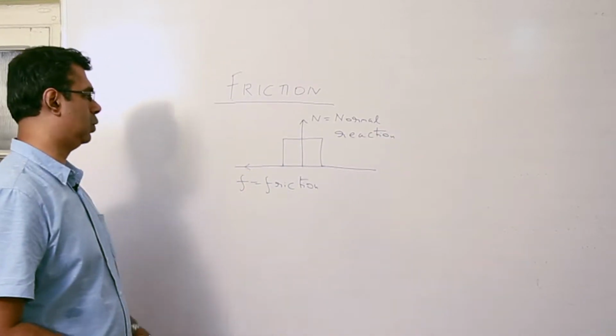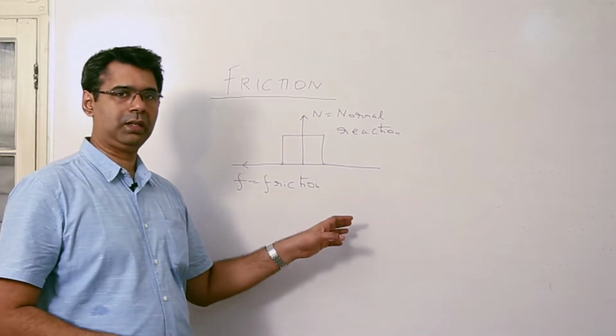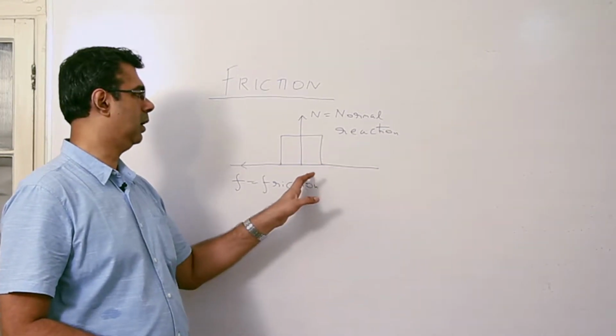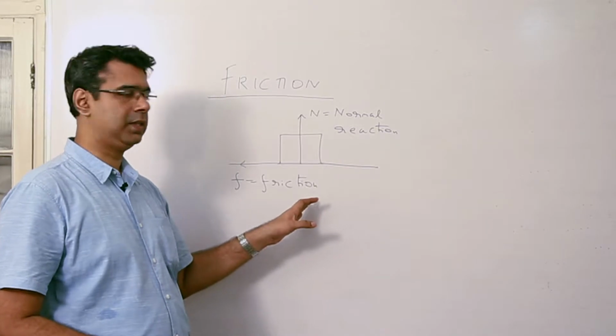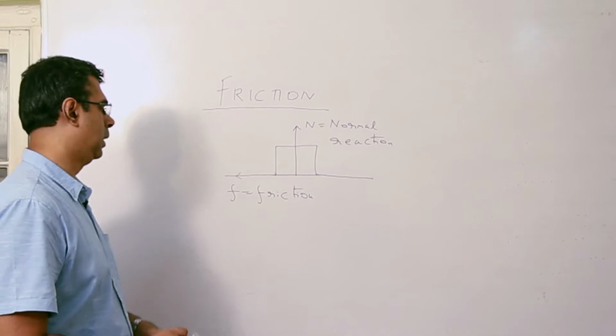So whenever two surfaces are in contact, there are two types of contact forces: normal reaction, which acts normal to the surface, and friction, which acts parallel to the contact surface.